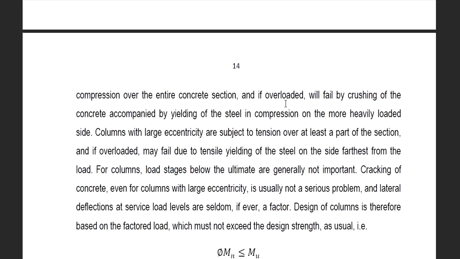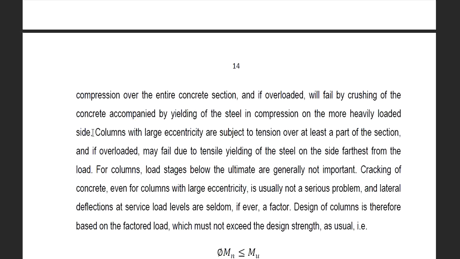Try to understand: a column is a compression member. We apply the load vertically downwards in the longitudinal direction, lengthwise. That is why the column is in the compression zone. If it is overloaded, meaning more and more load is applied, it will fail by crushing, by yielding of the steel in the compression zone on the more heavily loaded side.